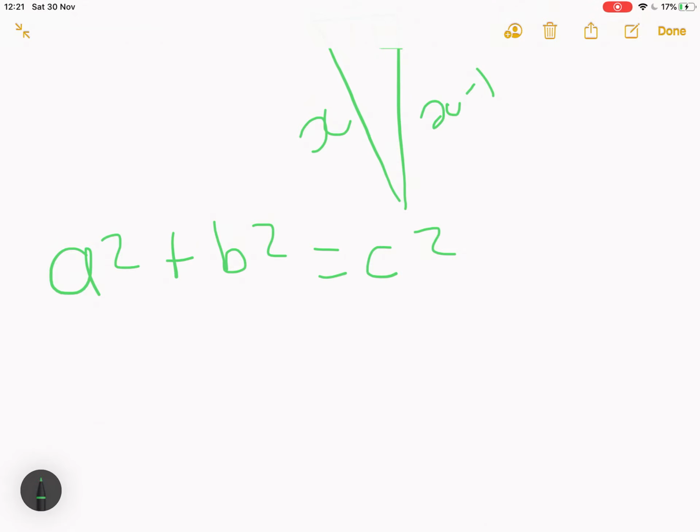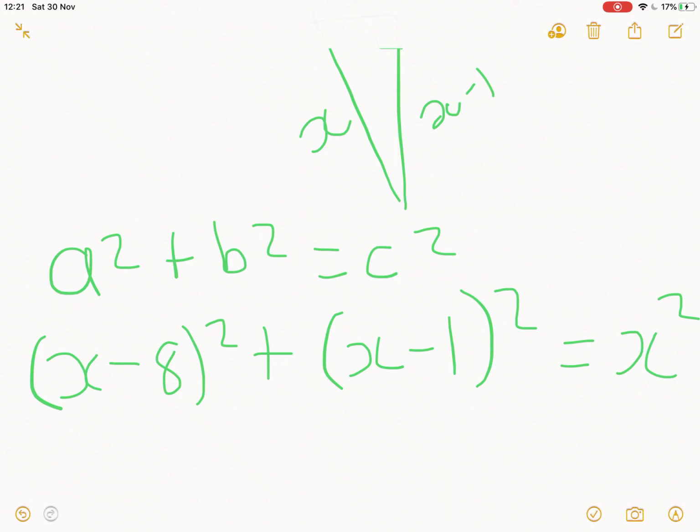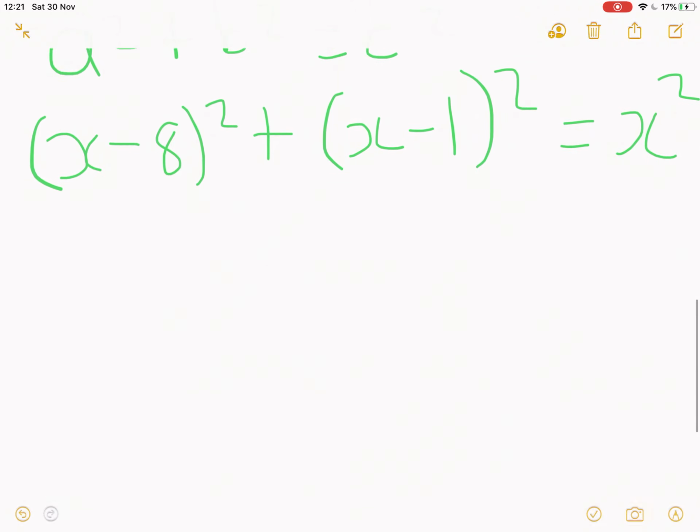So our base is x minus 8 squared plus x minus 1 squared equals x squared. We know that, and then we can simplify and expand the equation.